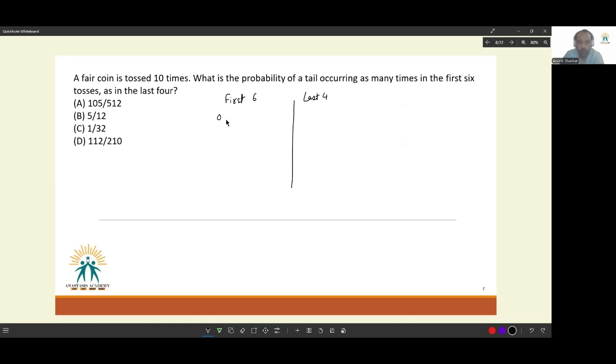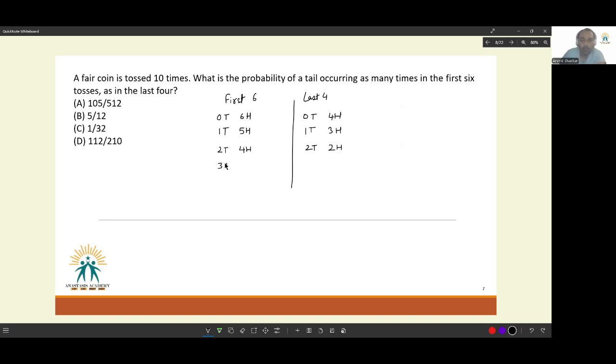we can have 0 tails, 6 heads, 0 tails, 4 heads. We can have 1 tail, 5 heads, 1 tail, 3 heads. We can have 2 tails, 4 heads, 2 tails, 2 heads.